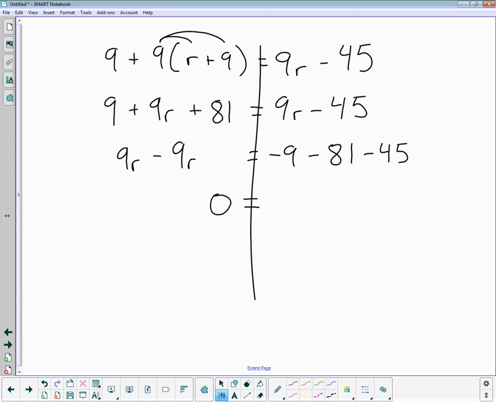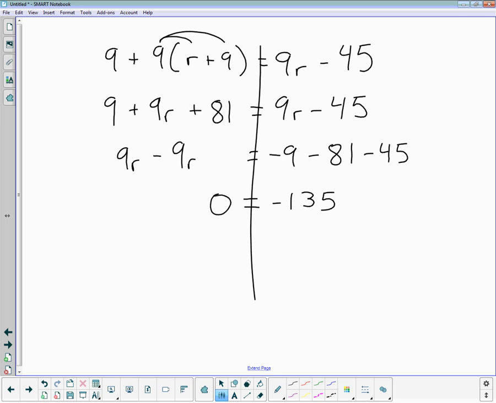You know what? You can save yourself the trouble because I'll tell you something. Over here on the right-hand side, this is not going to equal 0. And in fact, it's going to equal a negative 135. And is 0 ever equal to a negative 135? There is nothing going on there. This is false. Okay? The two scenarios that we're talking about occur when all of your variables are gone and all you have left is constants.